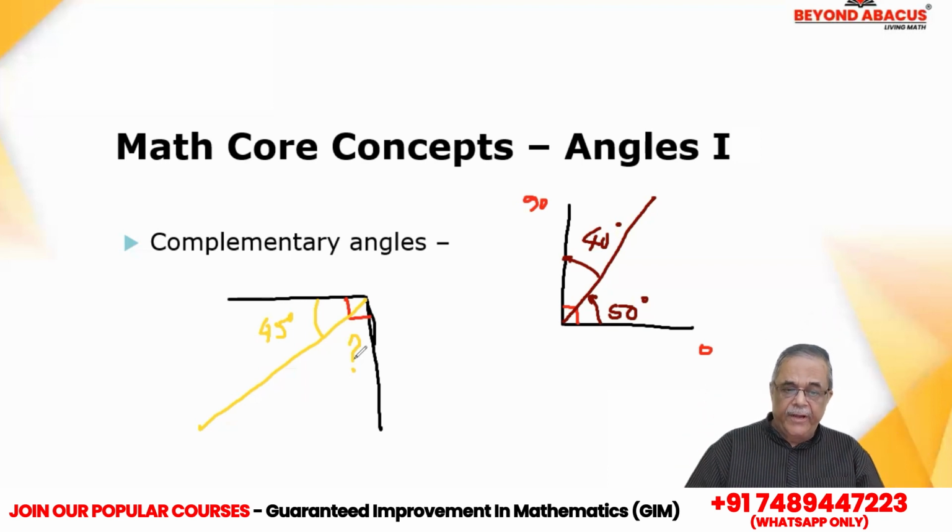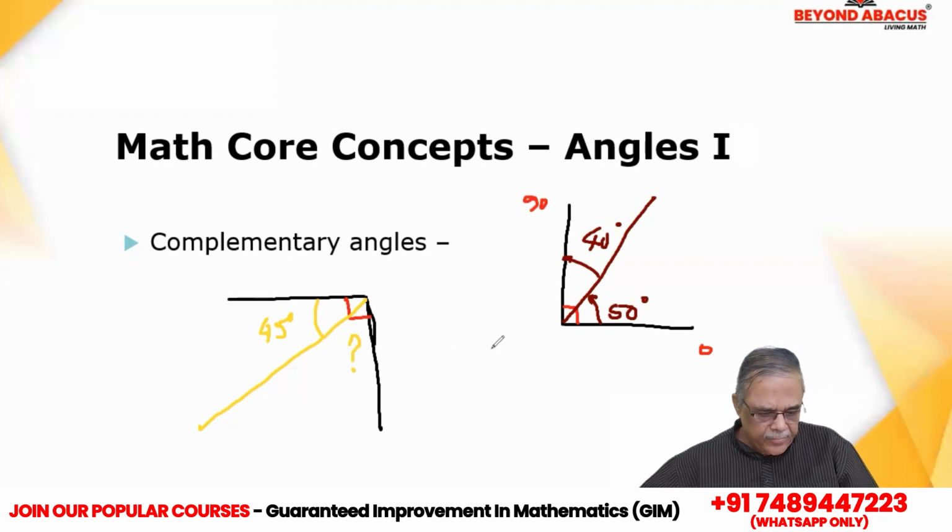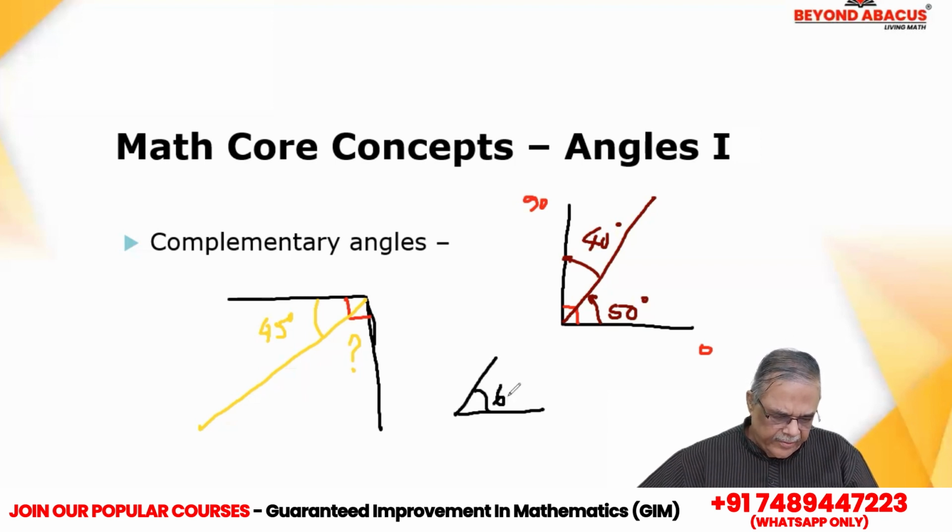Provided, most important condition is that at the same vertex. It's very important. Why it is so? Because suppose I have one angle like this, which is suppose 60 degree angle. And I have some different angle at some different place, which is like this, some different pair of lines, which is 30 degree.